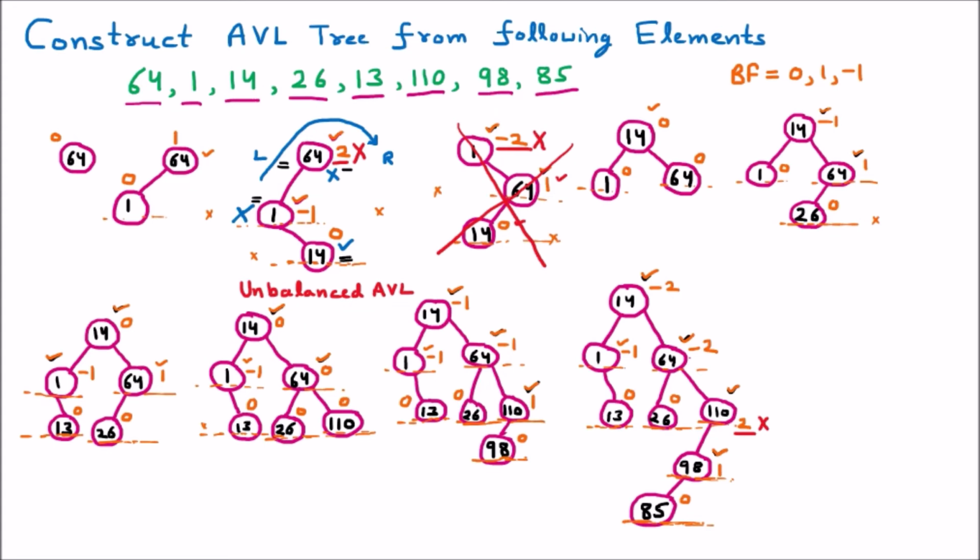Then again 64 node having the balancing factor minus 2, not following the criteria. Node 14 is having the balancing factor minus 2, not following the criteria. So there are 3 nodes which are not following the criteria of balancing factor. That's why this tree is not balanced AVL. Or we can say that it is not even an AVL, because whenever a tree is balanced, only then it is the AVL tree. So this is unbalanced AVL tree.